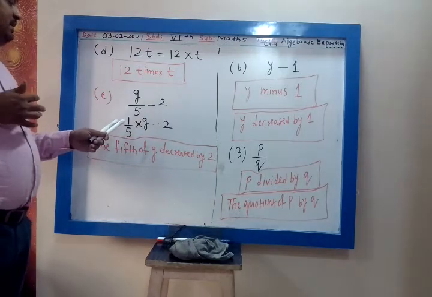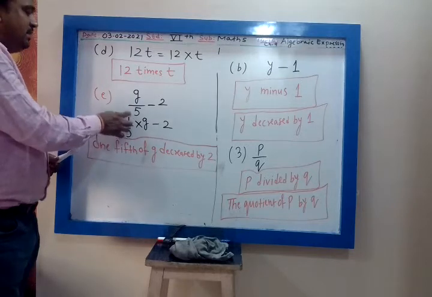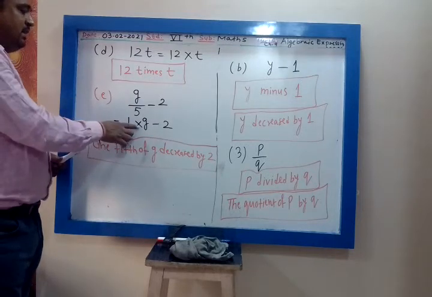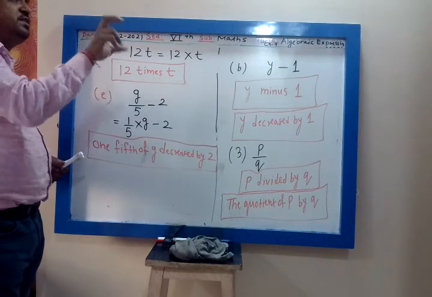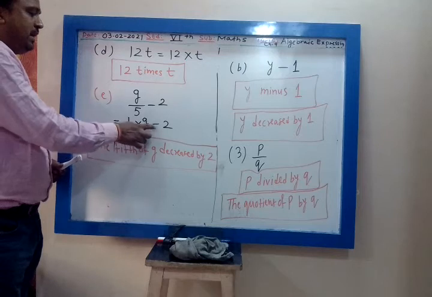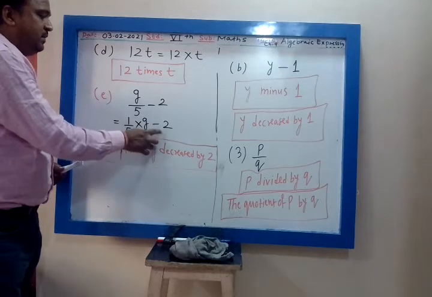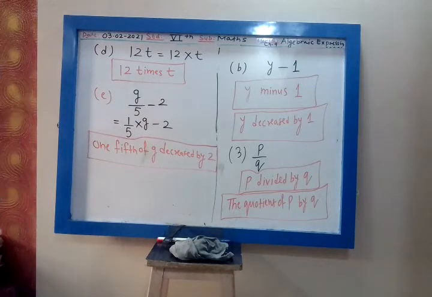G upon 5 same as 1 upon 5 into g. So 1 upon 5 means 1/5. Multiplication means of. We are taking 1/5 of which number? G. So 1/5 of g, minus means decreased by 2. 1/5 of g decreased by 2.